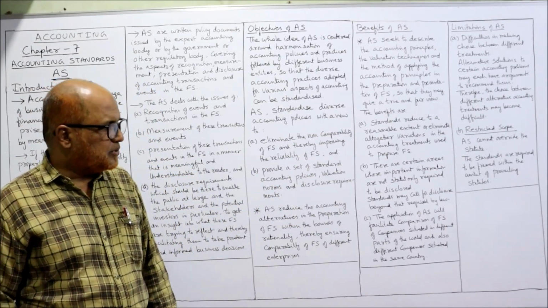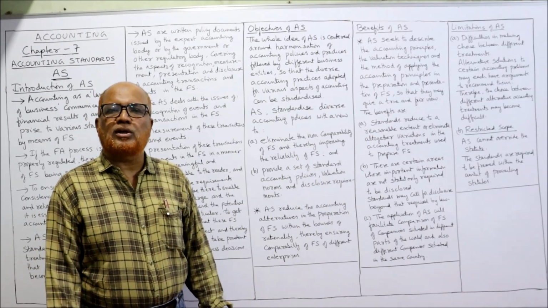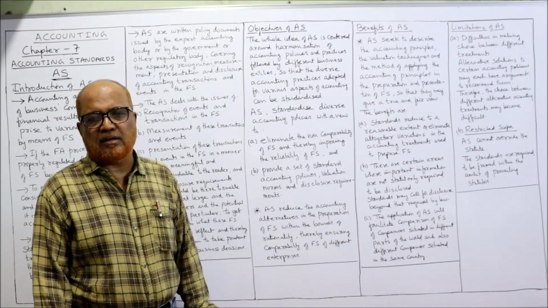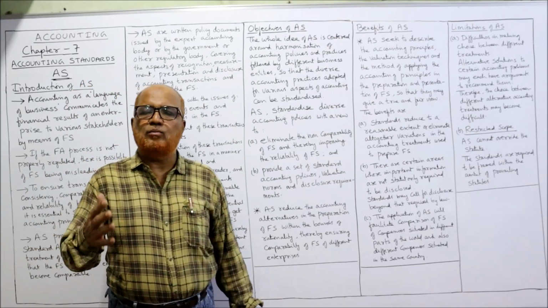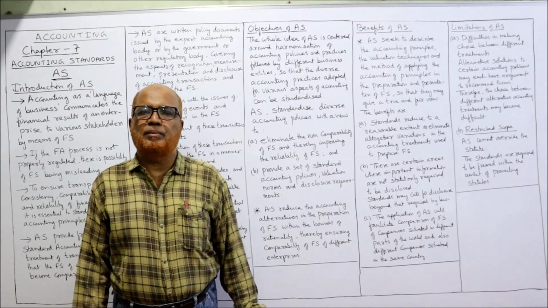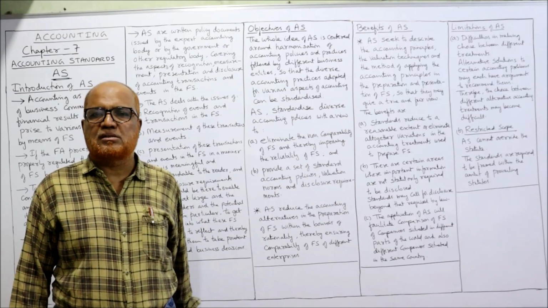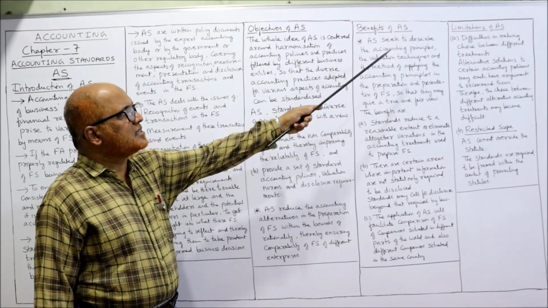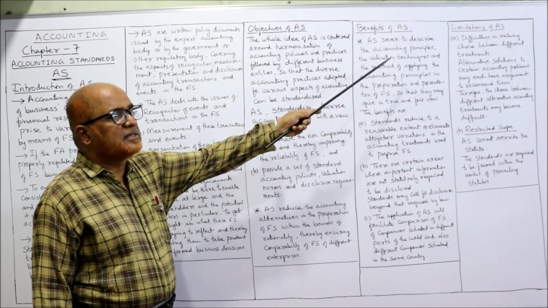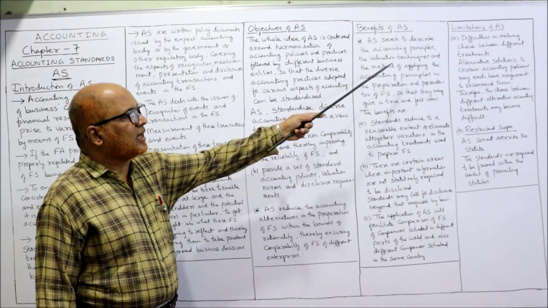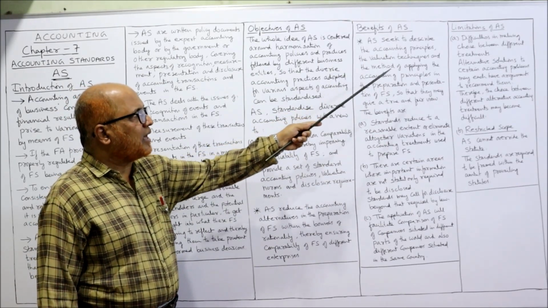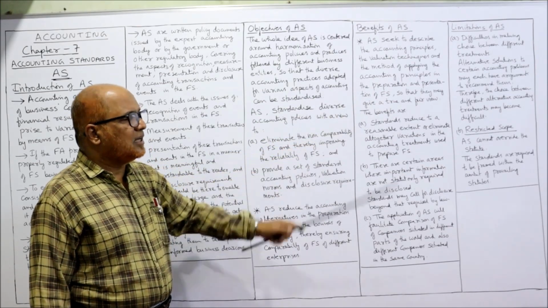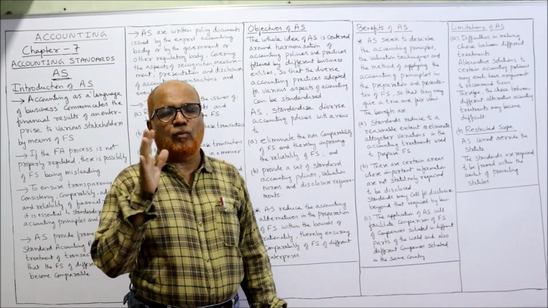That is the objective. Now I am coming to the next point called benefits from accounting standards. Many benefits are there. That is the reason why time to time accounting standards will be issued by professional bodies like ICAI. Accounting standards seek to describe the accounting principles and valuation technique and the method of applying the accounting principles in the preparation and presentation so that they may give a true and fair view.